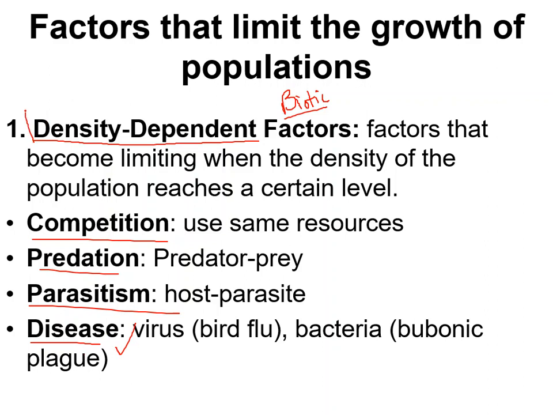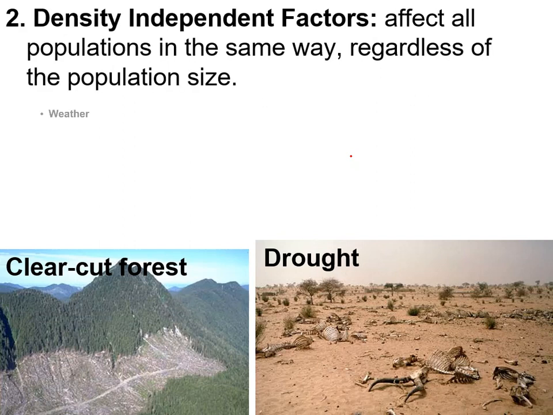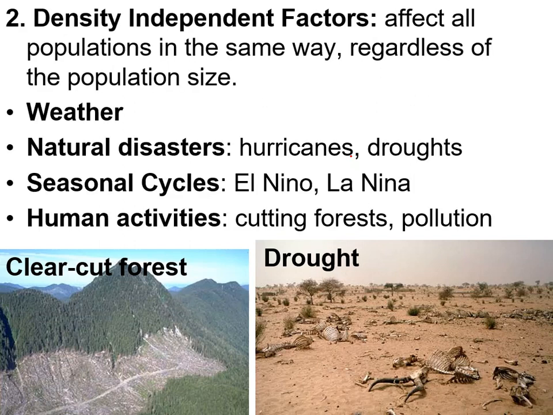So these are called density dependent factors, and they are pretty much going to be your biotic factors. Contrast that with your density independent factors. For your density independent factors, it does not matter how densely packed the individuals are, they are all going to be equally affected. These are your abiotic factors.